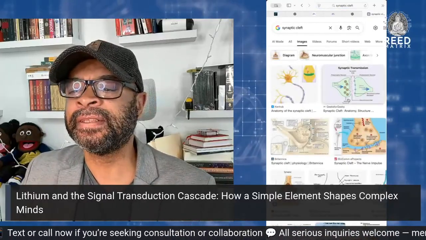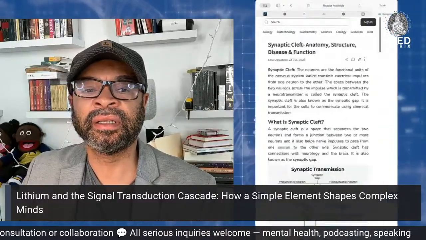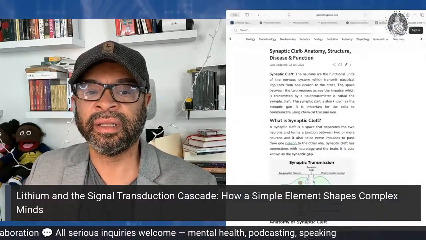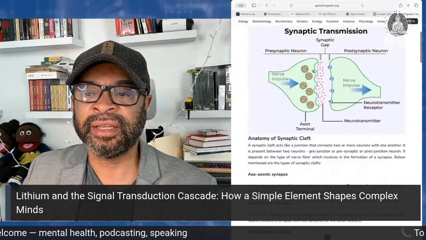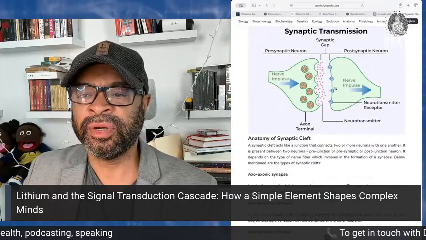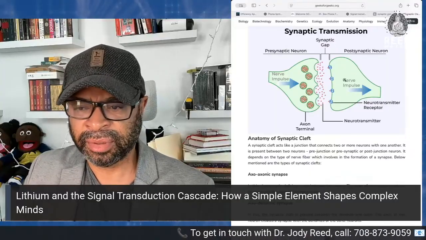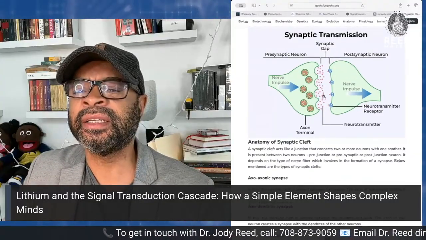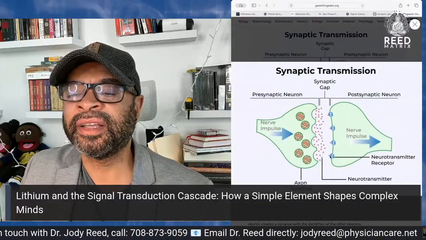Let me pull up this one here. Here's a presynaptic neuron right here. Here's the postsynaptic neuron right here. Presynaptic, postsynaptic.